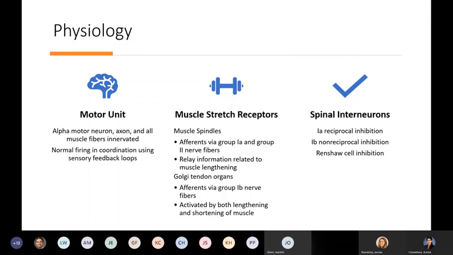And the muscle spindles are composed of intrafusal fibers, and as such, they primarily will relay information related to muscle lengthening, but they're not activated by muscle shortening or contraction. Whereas the Golgi tendon organs are activated by both lengthening and shortening of the muscle, as they're in series with the extrafusal muscle fibers. And they relay information primarily via group 1B nerve fibers.